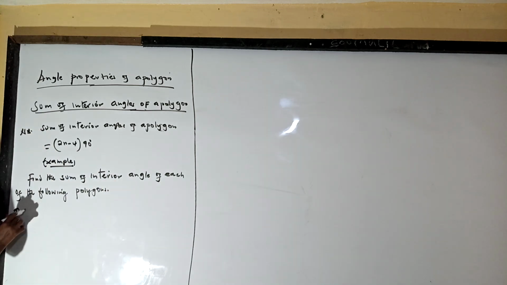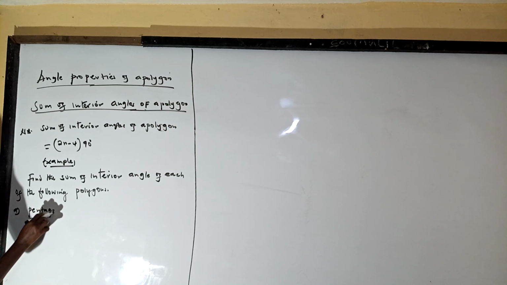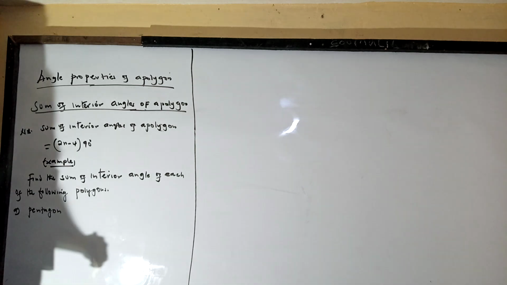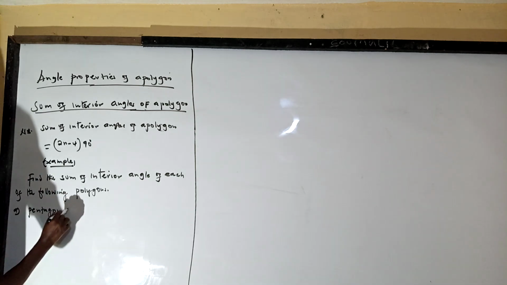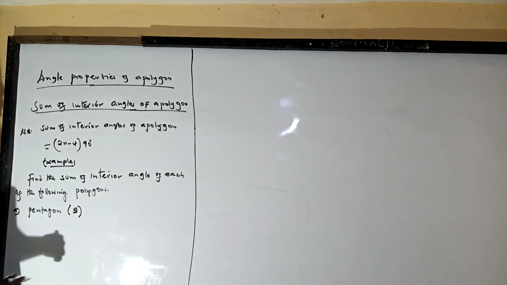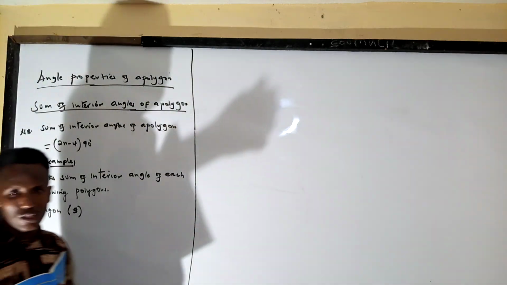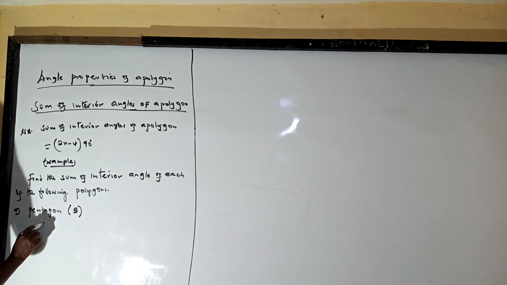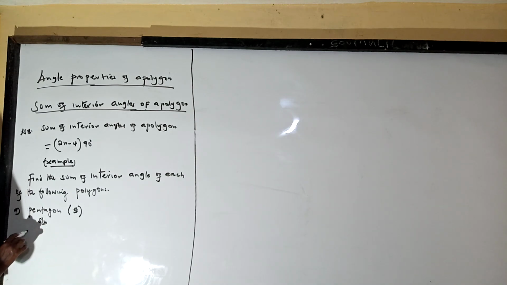Like 1A, we have, let's say, a pentagon. Remember, a pentagon is a five-sided figure, so let's write in the bracket 5, which represents the number of sides of a polygon. Then we are going to say, solution: sum of interior angles.